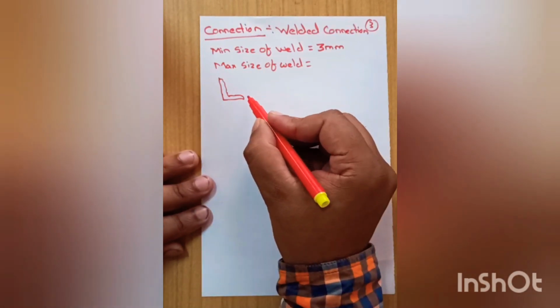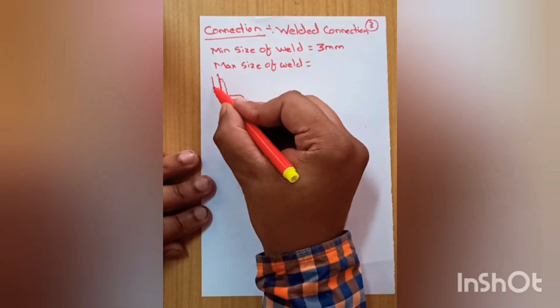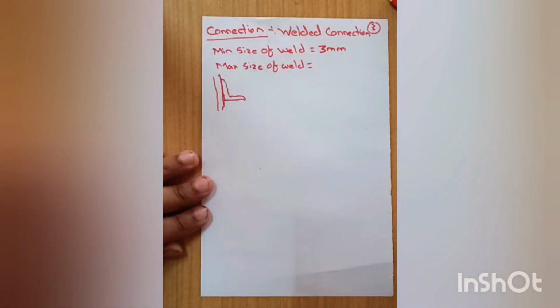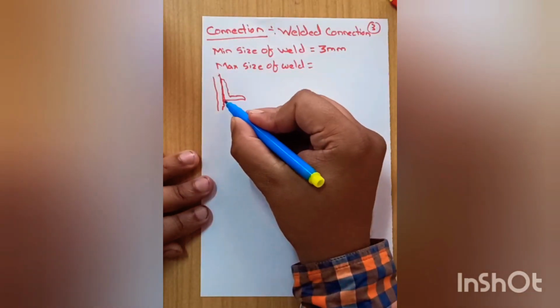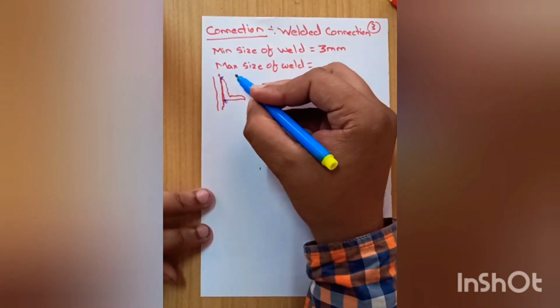We have an angle like this. Say it is the gusset plate. So we are providing welding here at this location and welding at this location.